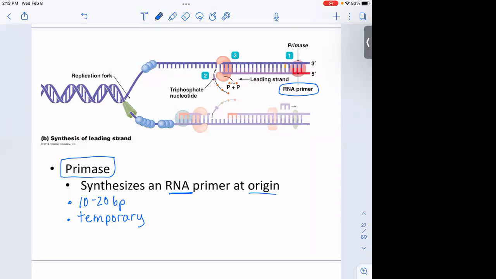And you can see here, this new strand, this is the leading strand, remember, and this is the 5' end, which is opposite from, remember, anti-parallel to the old strand. Okay, so that's the leading strand. That's pretty much it, it copies that leading strand until all the DNA is copied.